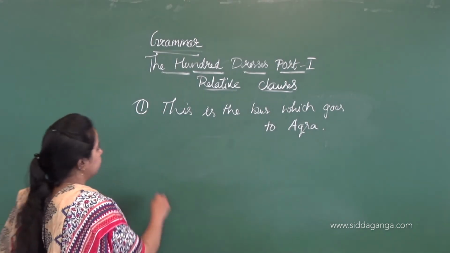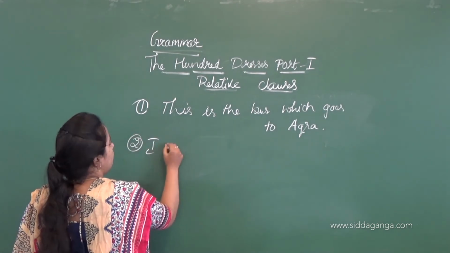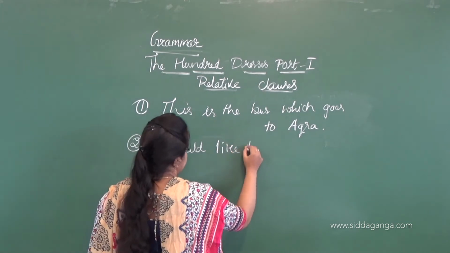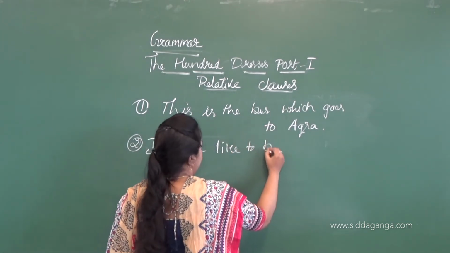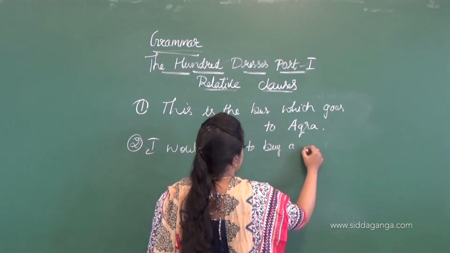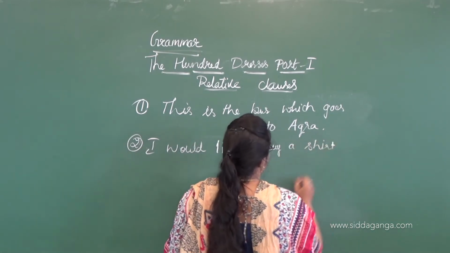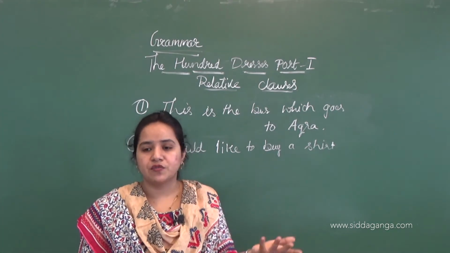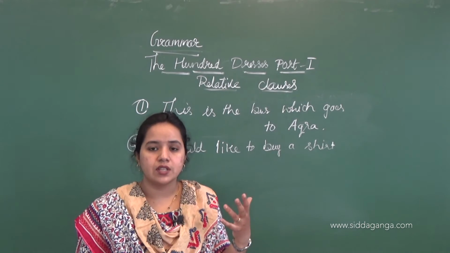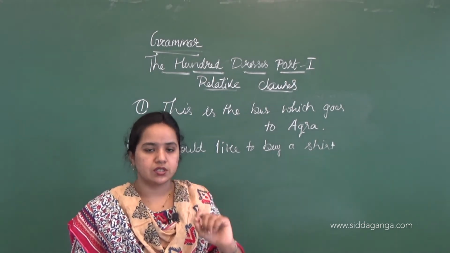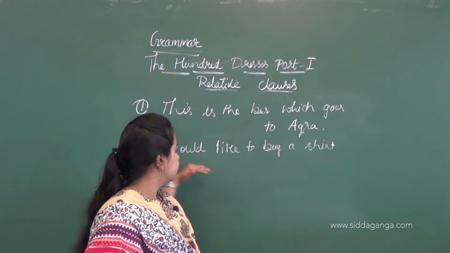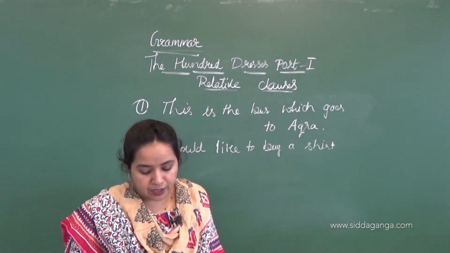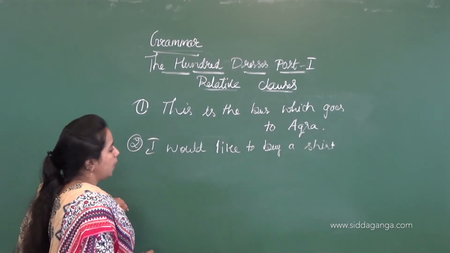So now if I use this in a sentence, how do I write the answer here? I would like to buy a shirt. Okay, I'm talking about only a shirt. In the shops there are different clothes, dresses, but I need only a particular shirt. So I write it here in a sentence: I would like to buy a shirt. Now, which shirt do you want to buy? The shirt that is in the shop window.